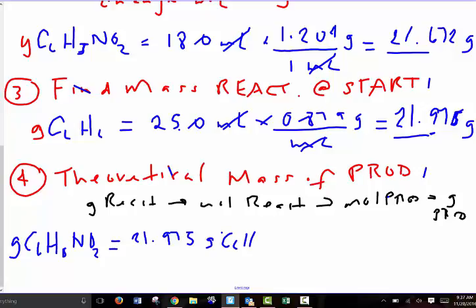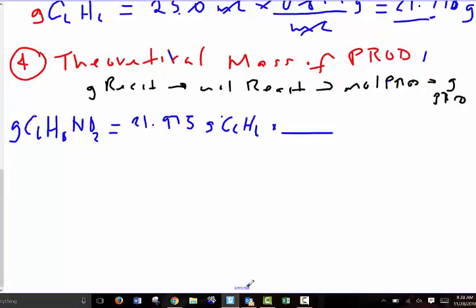So starting with grams of reactant, then I need to get to moles of reactant. So I need to use the molar mass of C6H6. Well, we haven't calculated that out yet, so let's do that right now. And I would recommend, I'm going to do it down below, but you might even want to do it at the beginning of your page. So let's find some molar masses, because these are helpful.